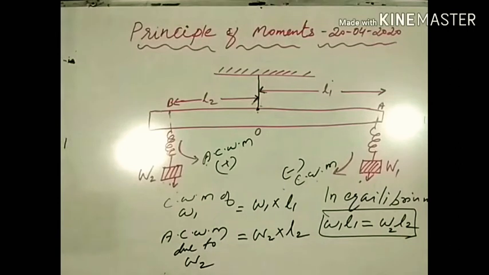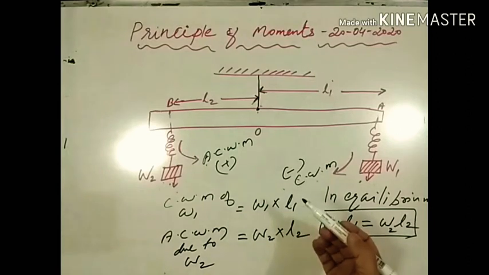So we can state according to the principle of moments, the clockwise moment is equal to anti-clockwise moment. A physical balance or a beam balance works on the principle of moments.